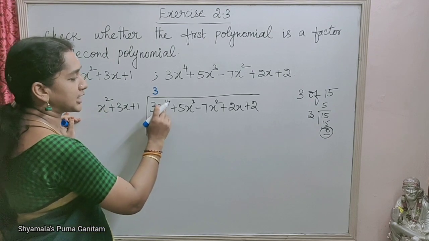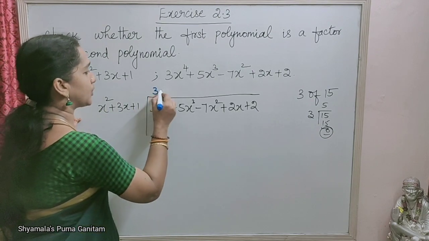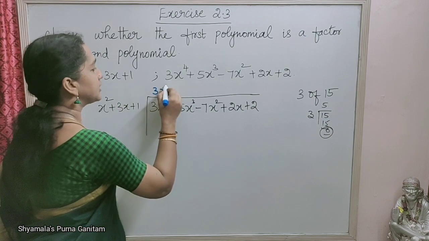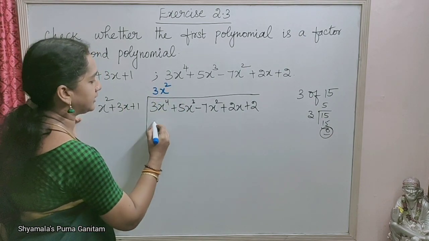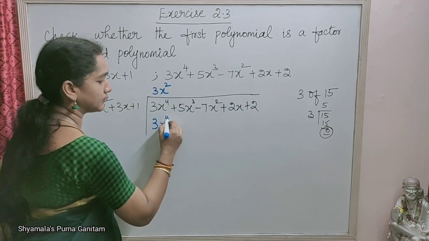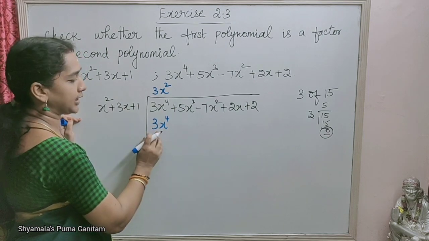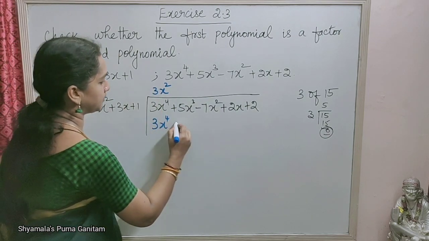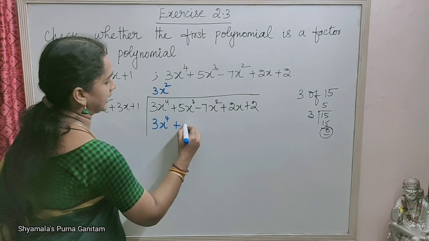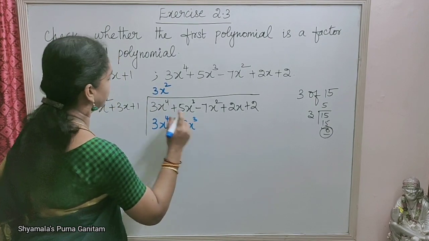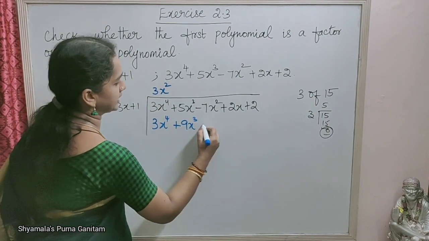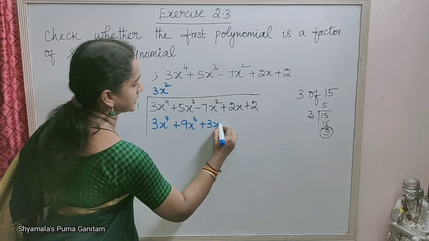First, 3x power 4 you have to get here. For that, if I multiply by 3x squared only, I will get 3x power 4. So 3x squared into x squared is 3x power 4. Then 3 threes are 9x cube, and then 3x squared.